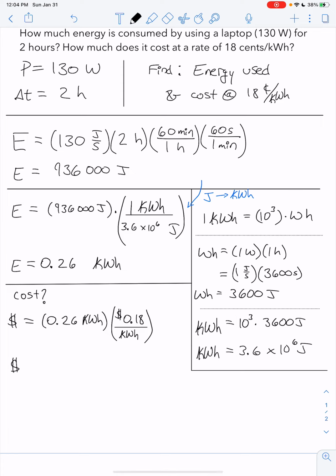And so we get a total cost of about 5 cents. Okay, so it costs about a nickel to run a laptop at this rate for a couple of hours.